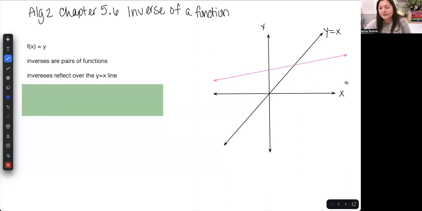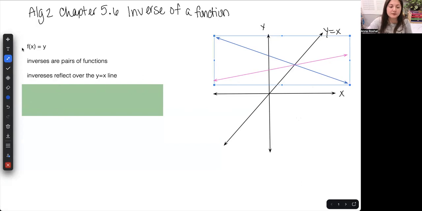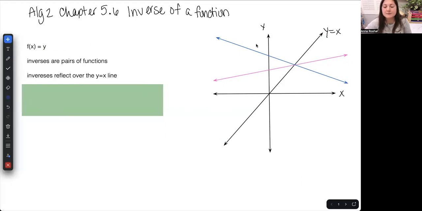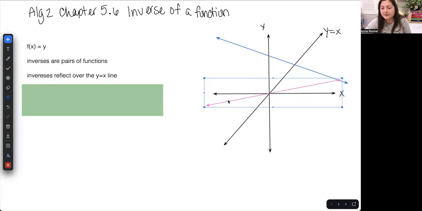So my graph will likely go somewhat like this. These are terrible in comparison to what Desmos would do. I would strongly recommend maybe going into Desmos and typing in y equals x and then y equals 1/2 x.